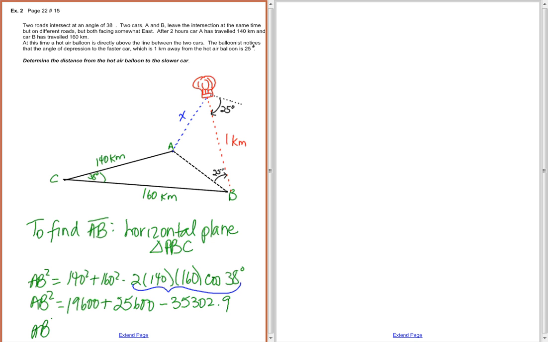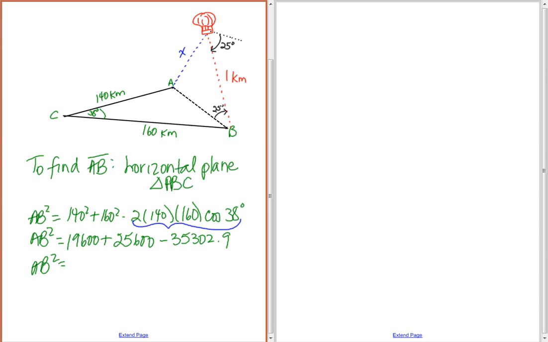AB squared is, putting those numbers together, 9897.1, and the length of AB itself is the square root of that number.